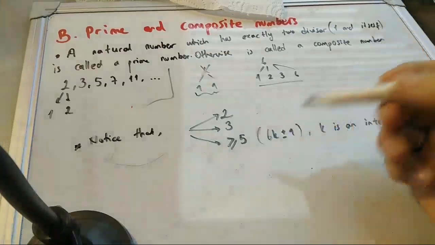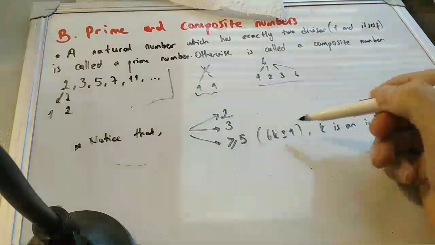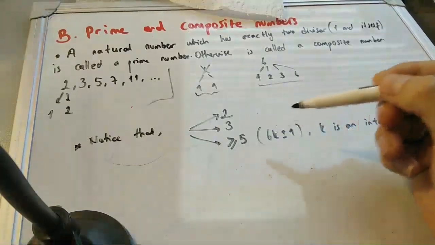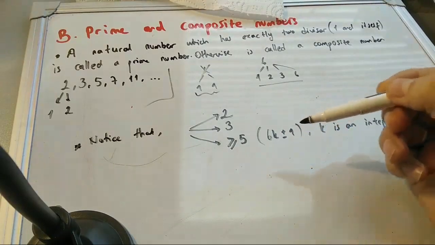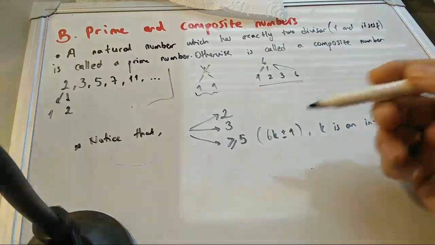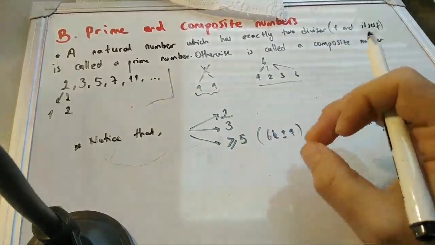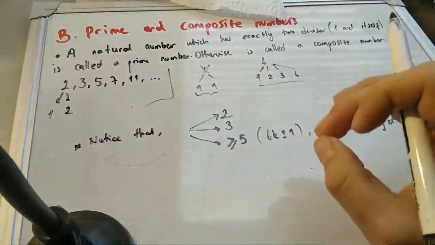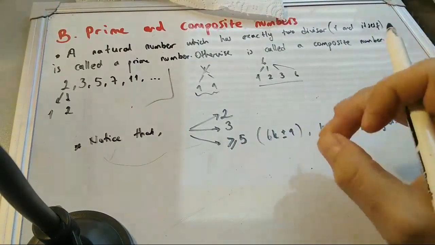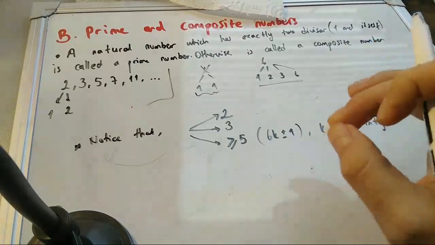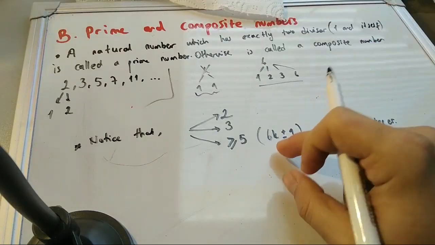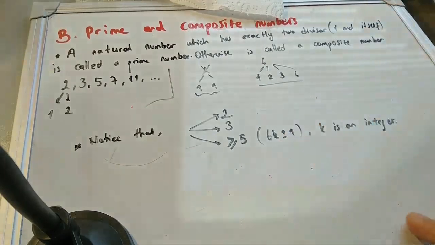For example, for k is 1, 6 times 1 plus 1 is 7, prime. 6k minus 1, 6 times 1 minus 1 is 5, another prime number. So we can say if the prime numbers are greater than 3, they will be represented by 6k plus minus 1. Okay?